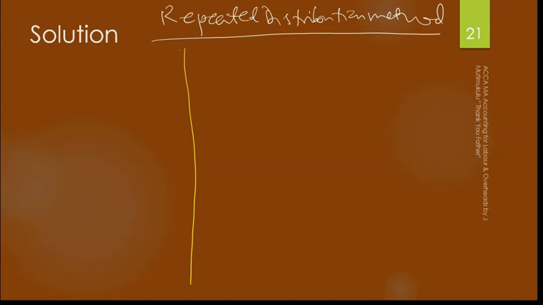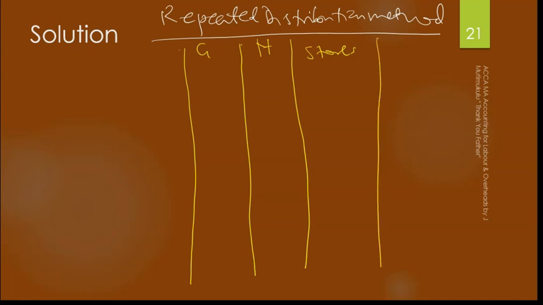We've got production department G, and then production department H. Then we've got the stores and maintenance. So these are the centers which we have.